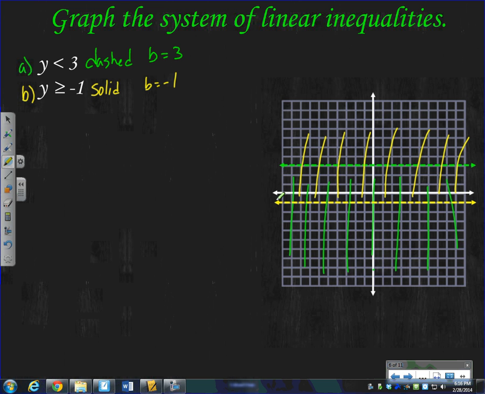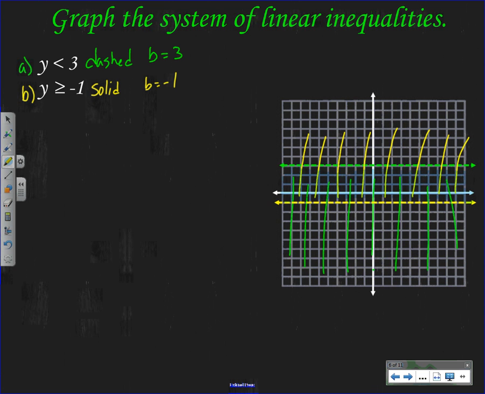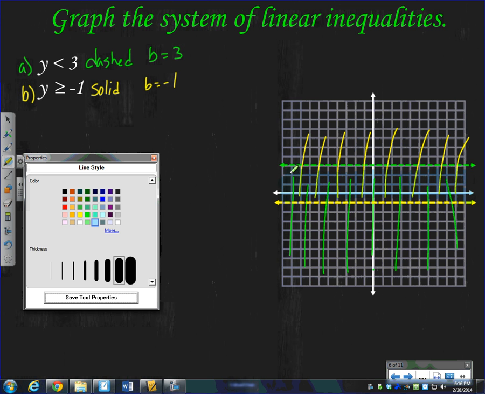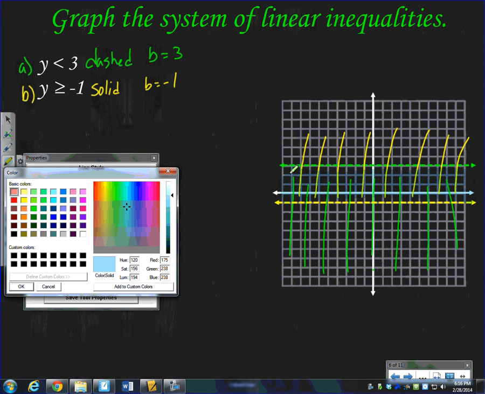Okay, so my answer where it's true for both, oh, that was horrible. Look, that was even harder to see than the other color. Not so good. Let's see if we can go to bright pink.